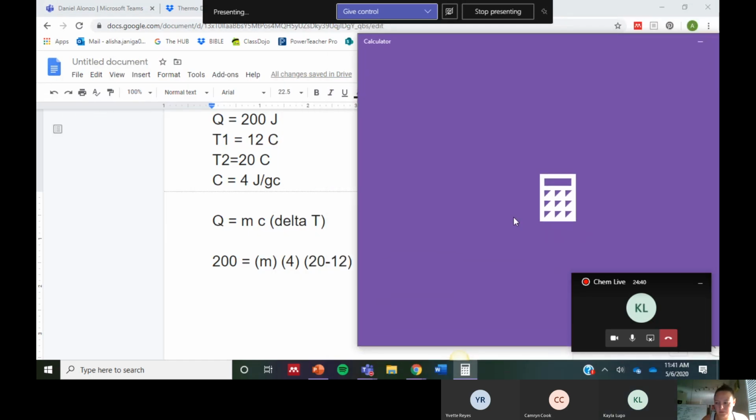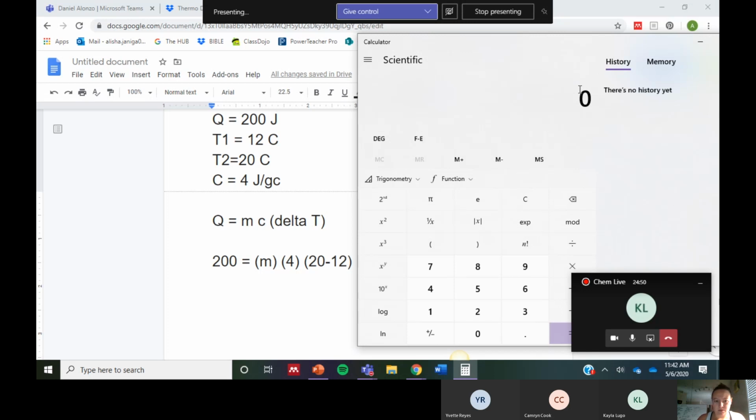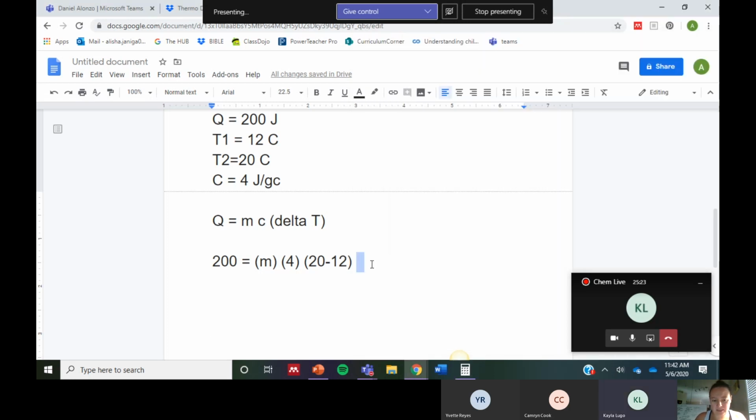Now we have 200 divided by 4 times 20 minus 12. 32, and then 200 divided by 32, 6.25. So we had 6.25 grams to start with.